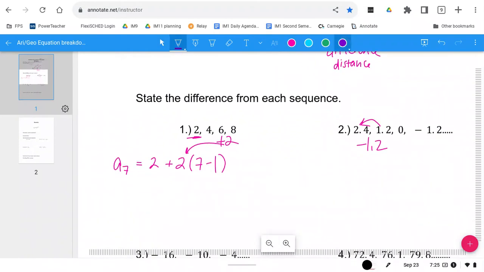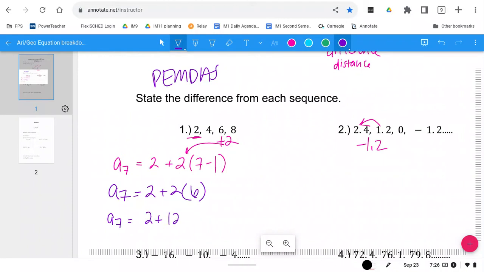It will not always be 7. So those 7s can interchange. All right, now in my PEMDAS, parentheses come first. So 7 minus 1 gets me to 6. There are no exponents, so the next thing I do is multiply. 2 times 6 is 12. And when I add them, my 7th term is 14 if I kept it going.